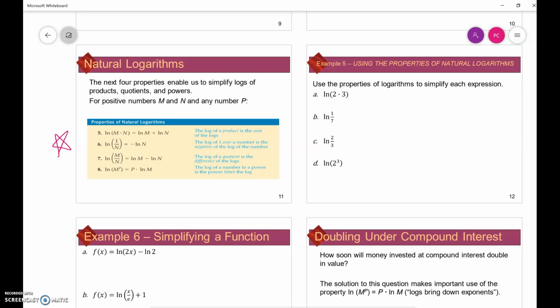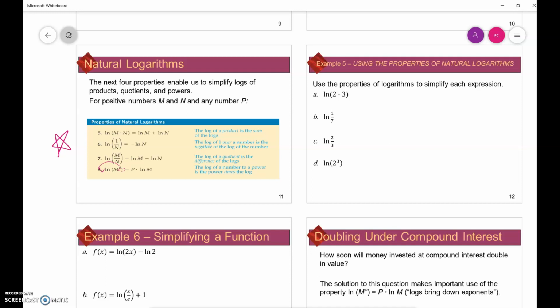Ln of 1 over n becomes negative ln of n. Then ln of m divided by n becomes ln of m minus ln of n. The last one we refer to as a power rule. The ln of m to the p power, that p comes out front, so p times the ln of m.